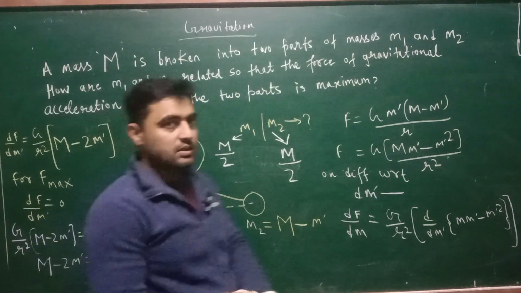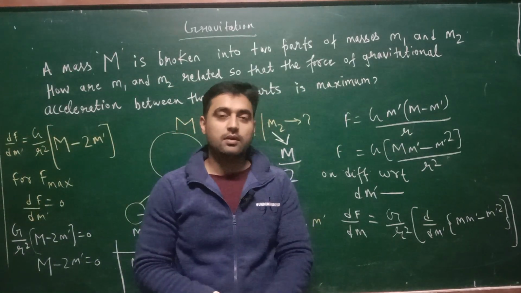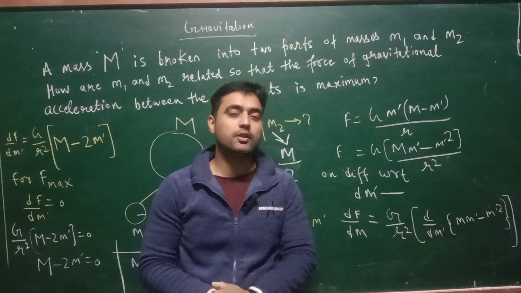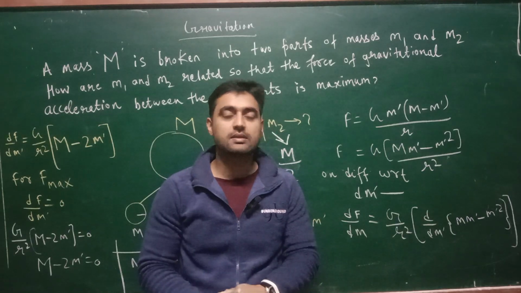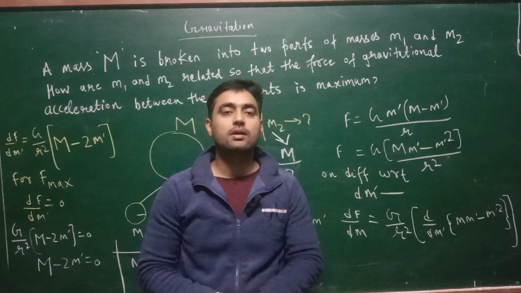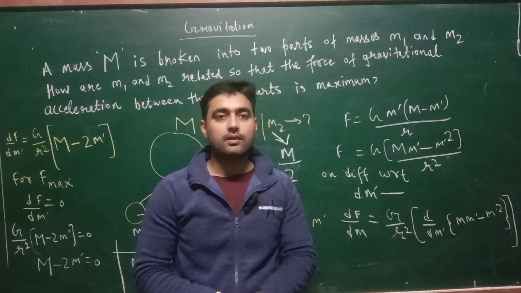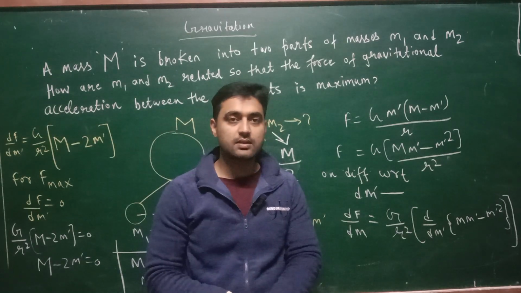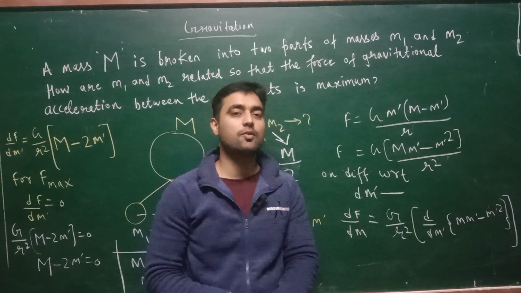Okay, I hope everything is clear till now. So first thing we have discussed is Newton's shell theorem. There are two Newton's shell theorems. One is for when point mass is outside the spherical shell or any solid sphere, and second is when point mass is inside the spherical shell. For the first case, when point mass is outside the spherical shell, there is a simple concept, that is the concept of center of mass.